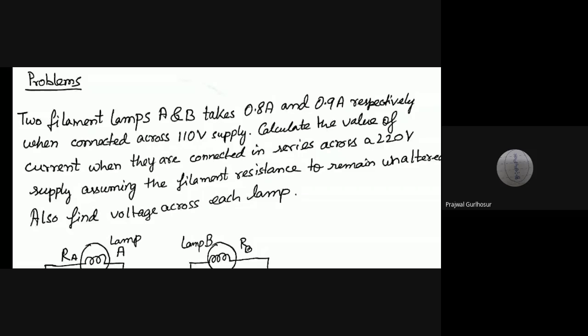So first, the resistances are found separately. Next, if those two lamps are connected in series across another voltage, which is 220 volt, assuming the resistances to be the same, then you find the value of current and the voltage across each of the lamps.